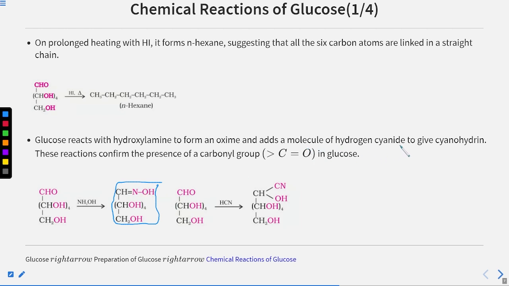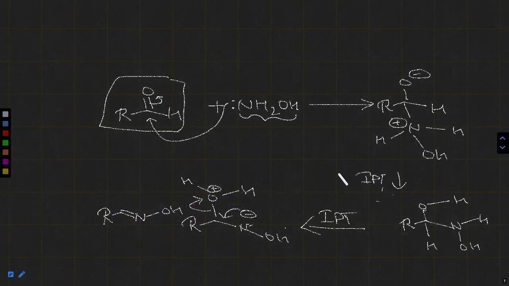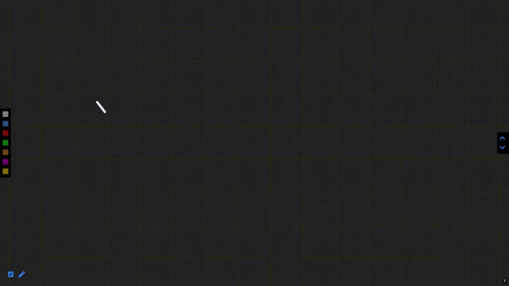Now similarly, we can do the same with HCN. How? Again I am drawing the simplest structure, our RCHO, and let us react it with HCN. Now this H plus is an acid. It will give the proton here, and the CN minus that will be available will attack here.